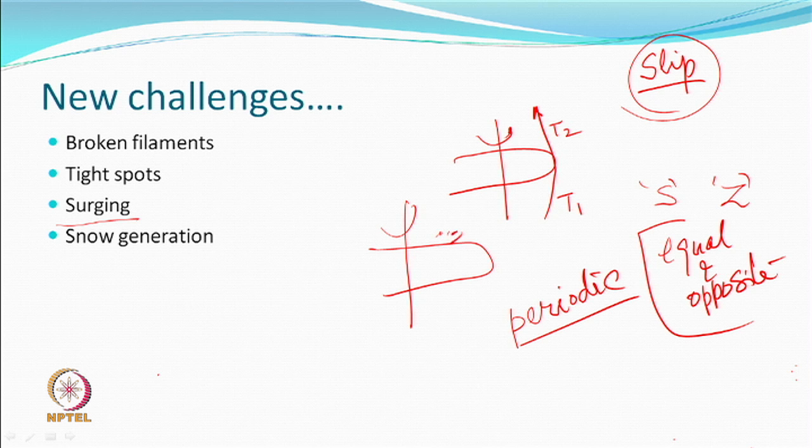So, you may have some deposits somewhere because of this abrasion, and this is white, and so it is called snow. So, if more snow is there, then you know things are not really happening the way you wanted. So, you can see there is a visual problem.